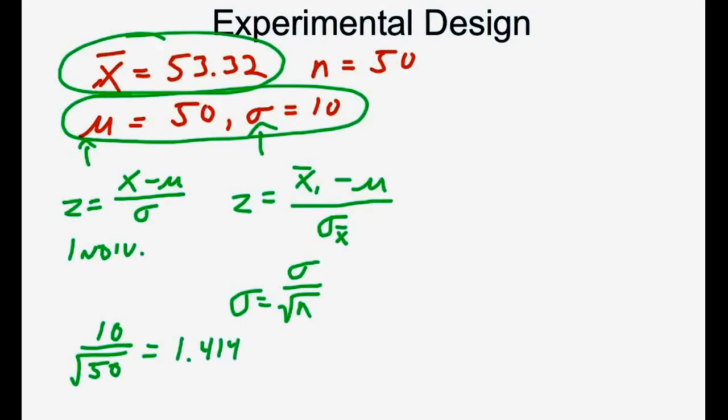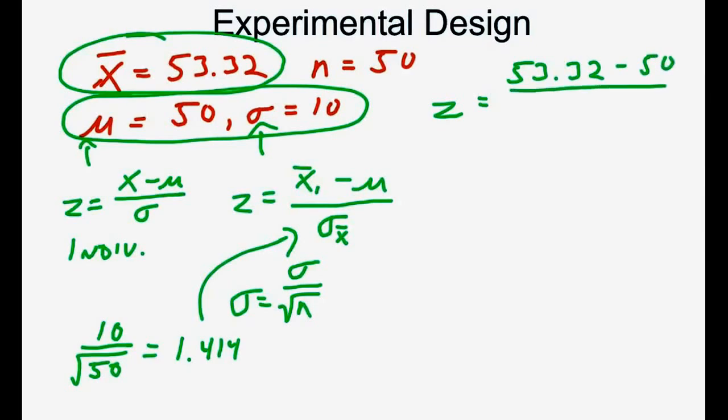So that's the denominator there. To set this up, we have z equals 53.32 minus our mu of 50 divided by 1.414. And when we do that math, we get a z of 2.35. What does that mean?